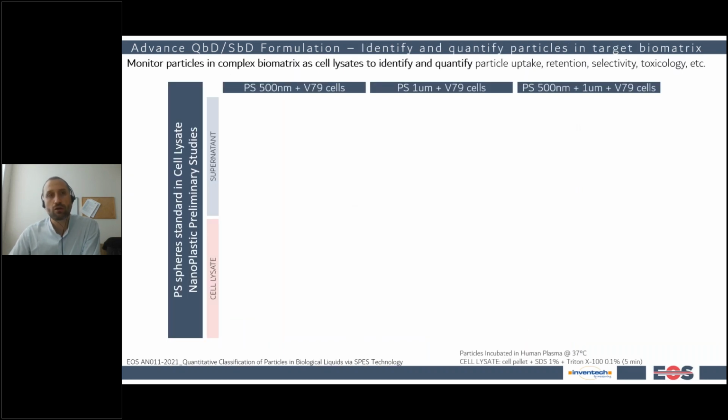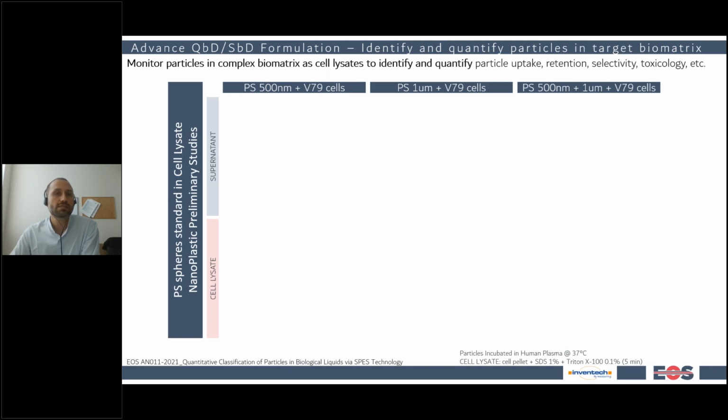Let me show you a very complex system as a reference. You want to monitor how particles behave, maybe in a complex biomatrix such as a cell lysate or in a cell culture. You want to check how many particles are taken up by the cell, if they are stable.